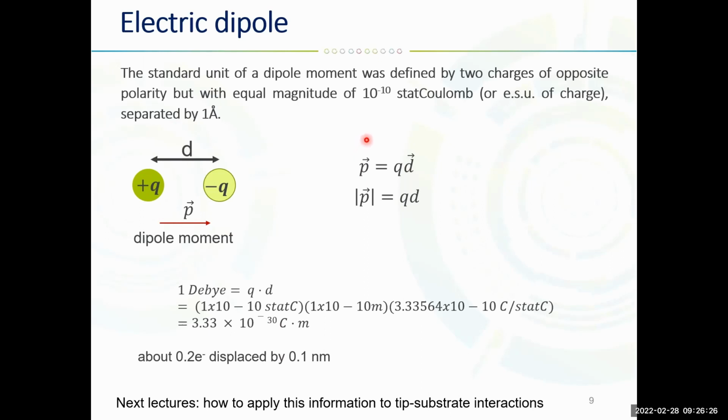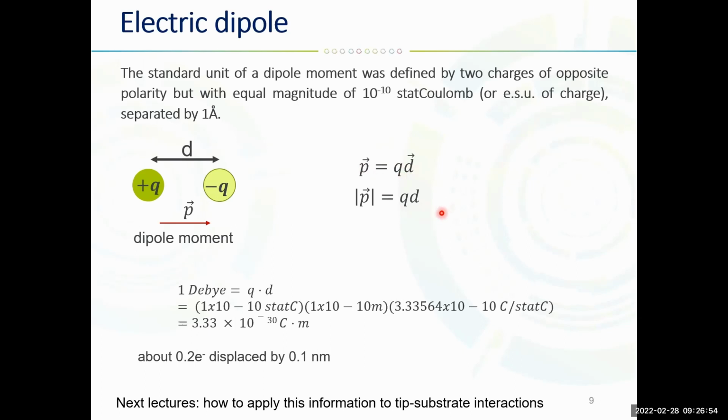It has a direction, so it's a vector, and there is a vector sign over it, as you can see here. The magnitude of this dipole moment is just the product of the charge that has been separated times the distance d over which the separation occurs. So the magnitude of the dipole moment p is equal to q times d.